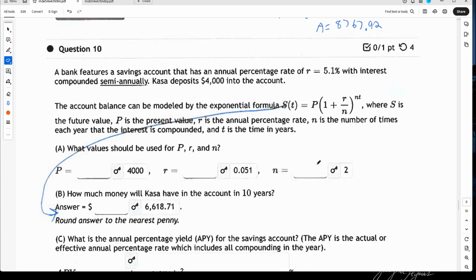The phrase semi-annually means interest is being applied twice in a year, so N is equal to 2.